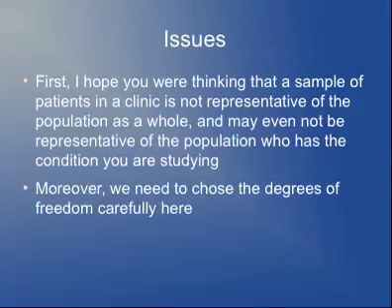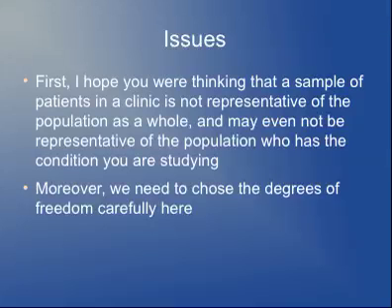So there are a couple issues with trying to draw inferences about the blood pressure of the general population based on this particular sample. The first potential issue is that patients in a clinic generally are not representative of the population as a whole.